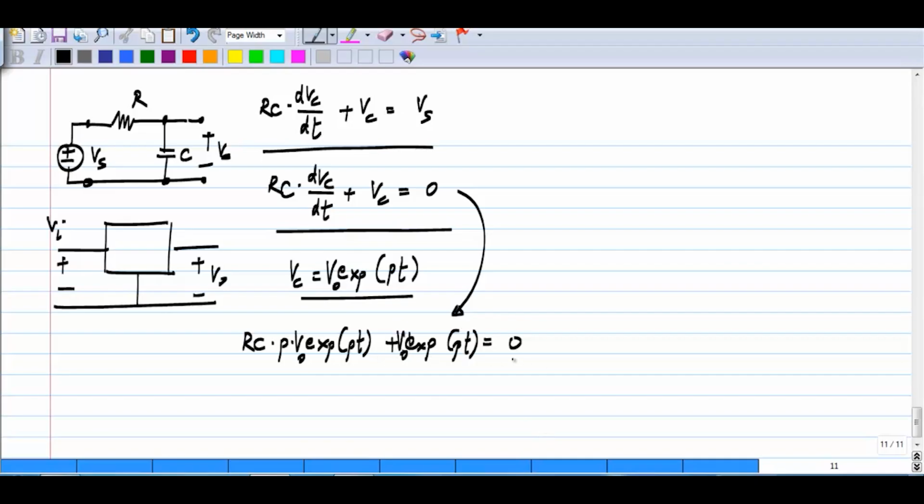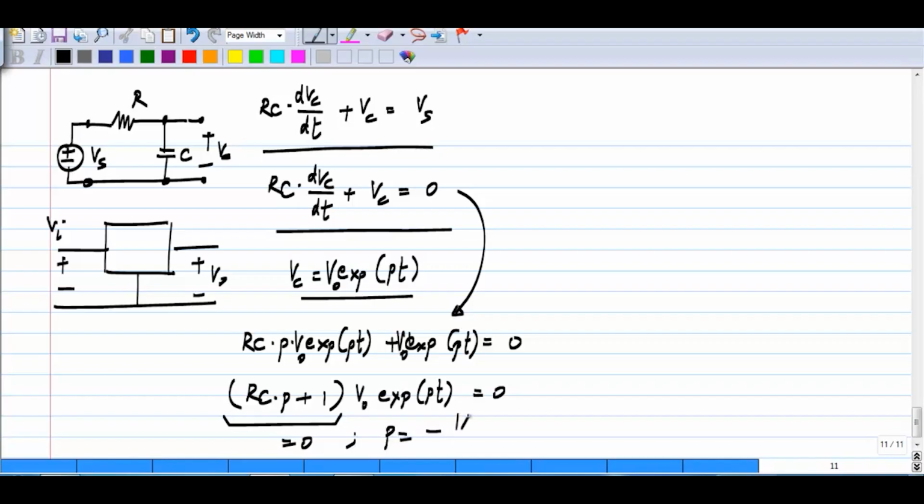Now this will be identically equal to 0 only if this multiplying factor of the exponential is 0. So this part has to be equal to 0, or in other words, p is minus 1 by Rc. So we get the result which we are already very familiar with, that the natural response is some V0 exponential minus t by Rc.